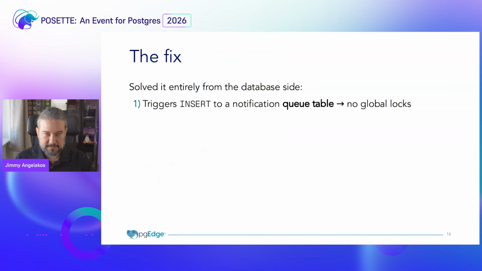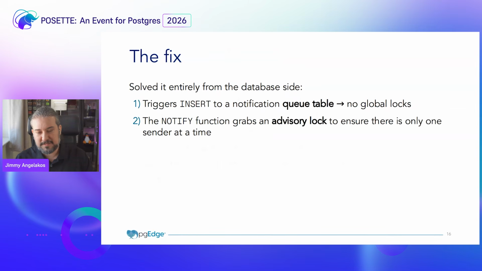This means that they didn't need to obtain any global lock because the trigger was just writing to a separate table. Secondly, the notify function that was sending the notifications needed to grab what we call an advisory lock to ensure that there is only one sender at a time.